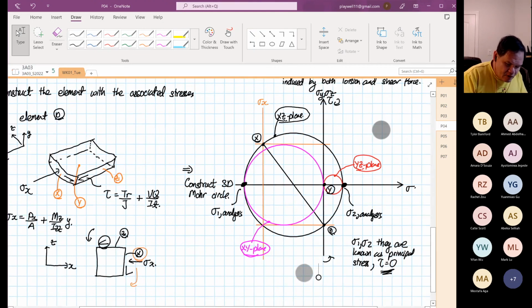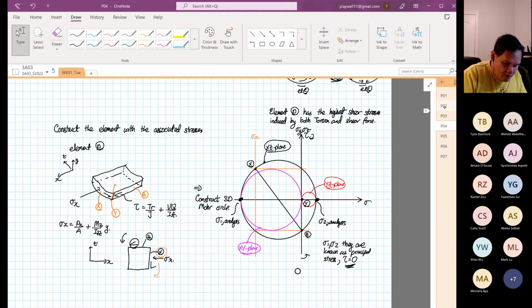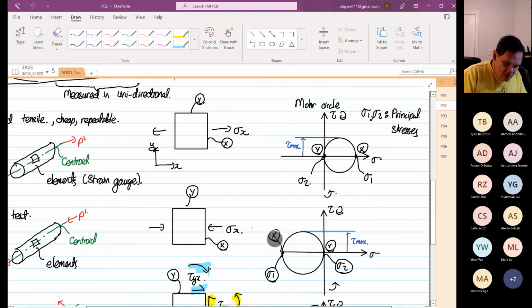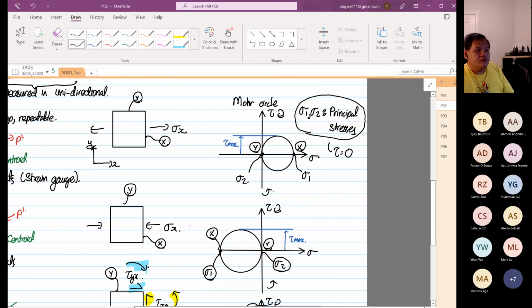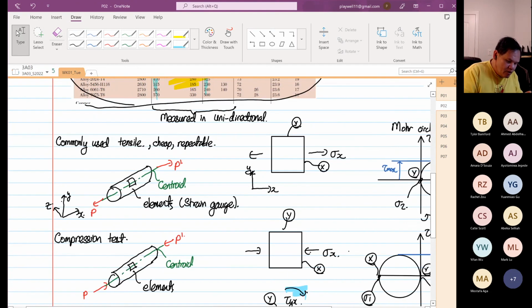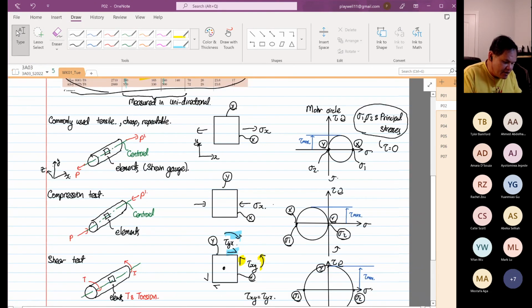Now, you have seen this before. Where? Over here. Over here, we also know that what is given to us are principal stresses. And from the principal stress, we realize that the shear stress is also equal to 0. What I'm trying to say is that we normalize how the material is carried out in tension, compression, or shear; we normalize the direction.